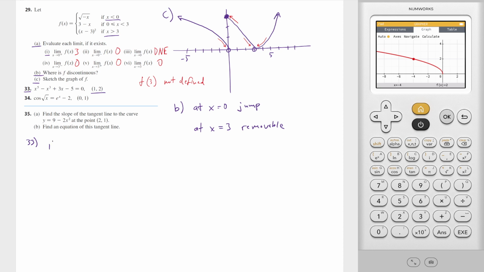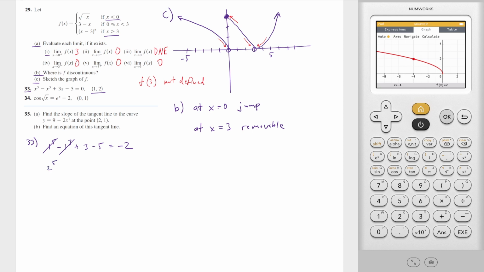So we have 1 to the 5th minus 1 to the 3rd plus 3 times 1 is 3, minus 5. This is 1, that's 1, those cancel out. 3 minus 5 is negative 2. And now let's plug in 2 and see what y value we get at the x value of 2.